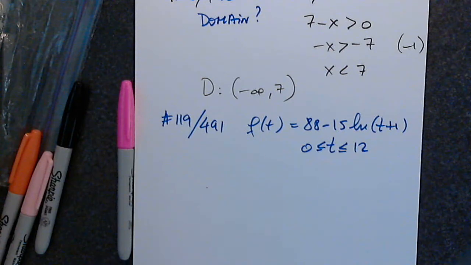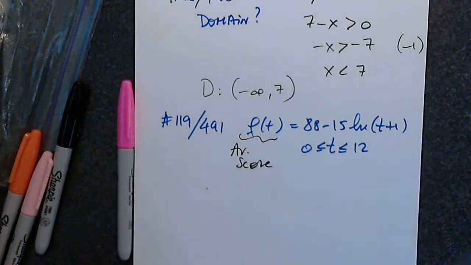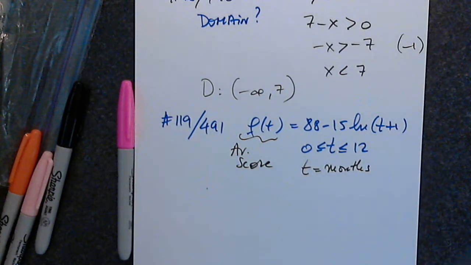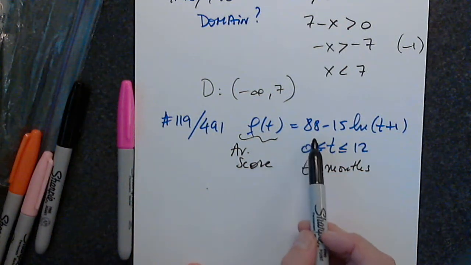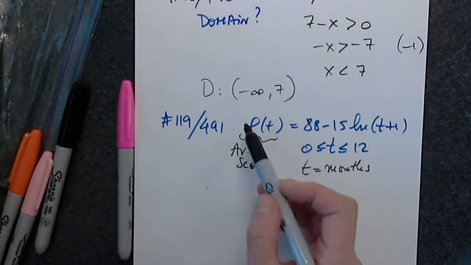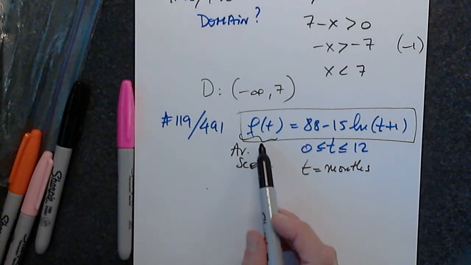They took equivalent forms of the exam in monthly intervals thereafter. The average score for the group, f of t, after t months, was modeled by the function f of t equals 88 minus 15 times natural log t plus 1. This is our function. It gives us, as a function of time, the average score.